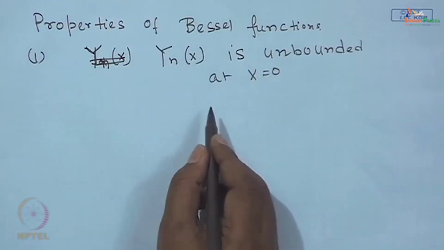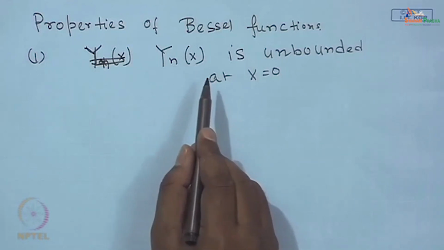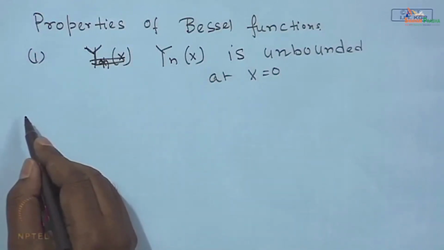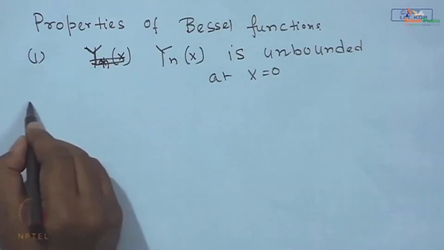That means, at x is equal to 0, Y n x goes to infinity irrespective of any value of n.